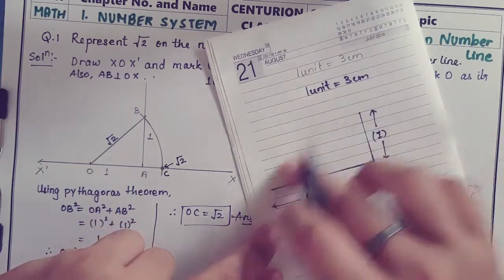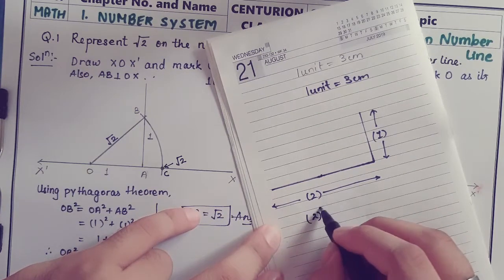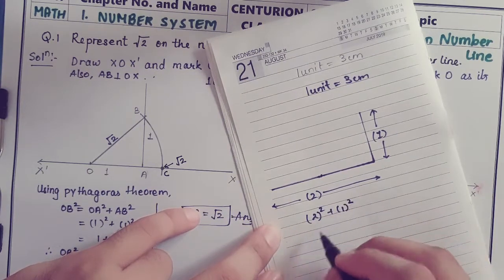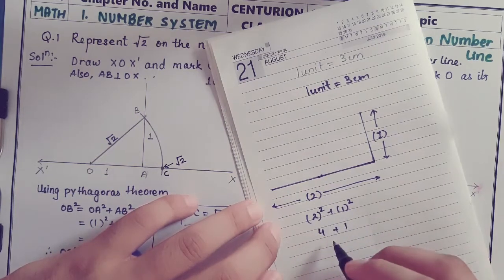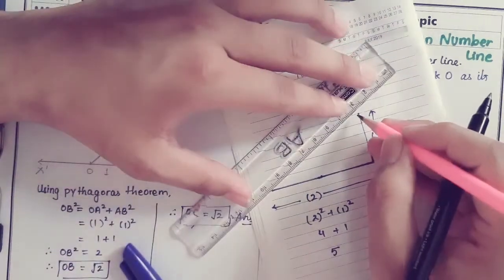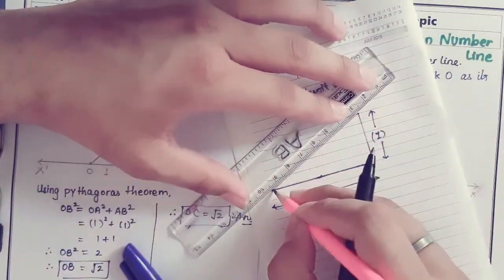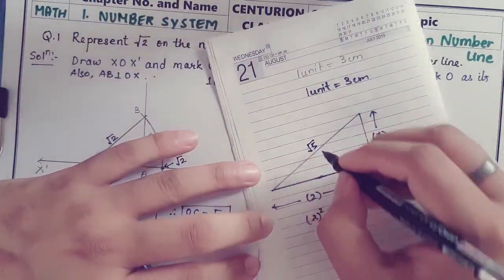So what will be the hypotenuse over here? This will be 2 square plus 1 square. What is 2 square? 2 square is 4. 1 square is 1, and 4 plus 1 is 5. So we are going to get root 5. If I combine this, this will come out as root 5.